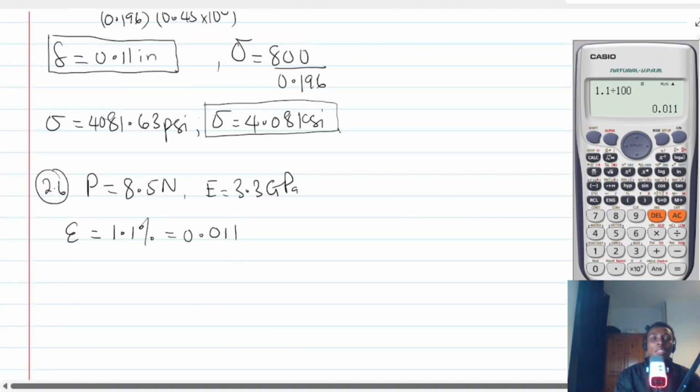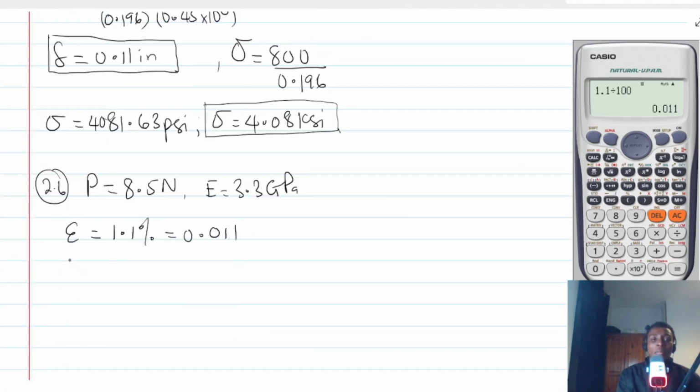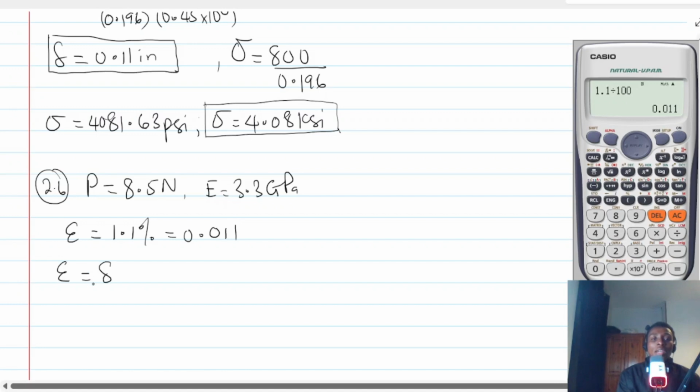So to find the diameter, okay, what do we know? We know that the strain is the change in length over the original length, and this is 0.011. So delta will be 0.011 multiplied by the length.